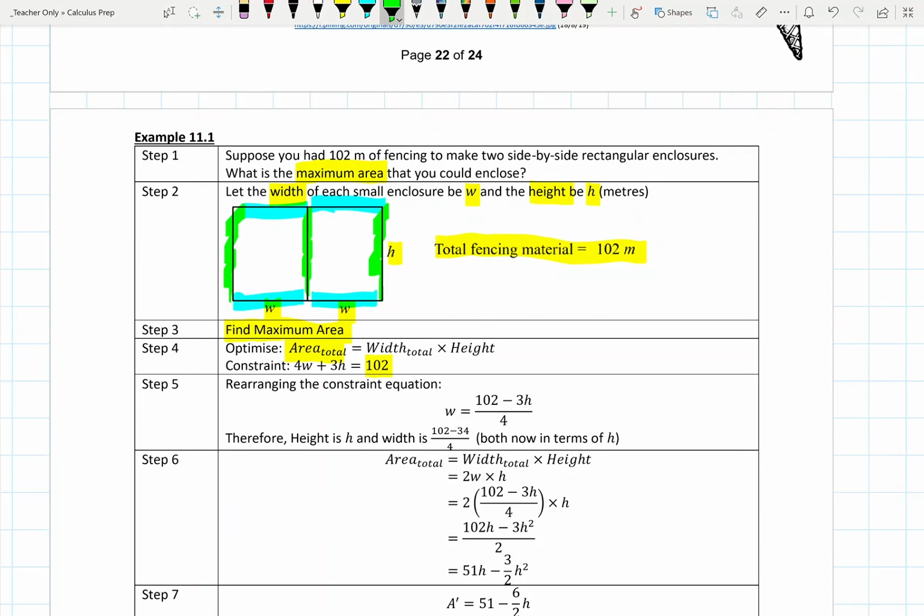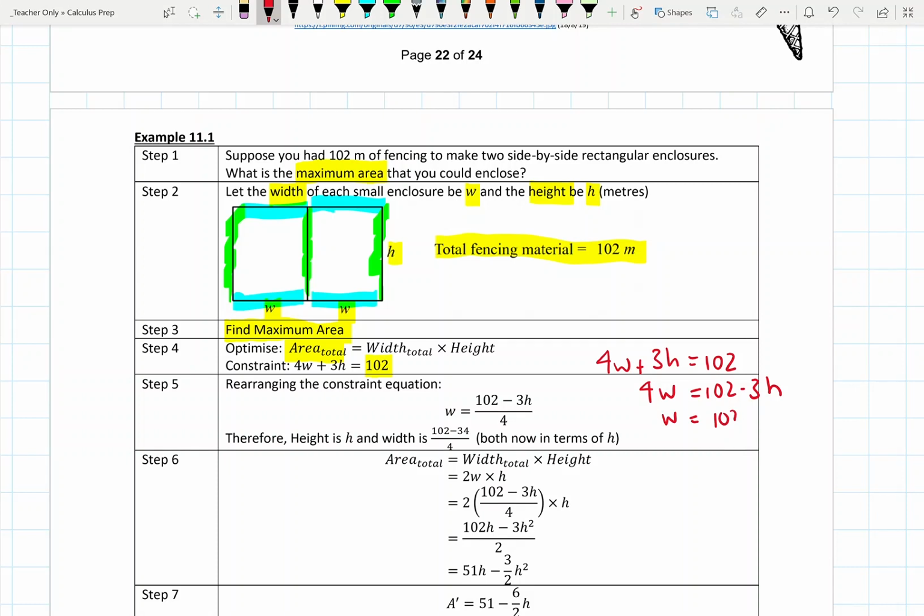Step number 5 says express all unknown quantities in terms of a single variable. It doesn't matter which one you choose, as long as you pick one and stick with it. So if we rewrite the constraint equation to express it in terms of width, we've got 4 width plus 3 height equals 102. 4 times width is 102 minus 3h.